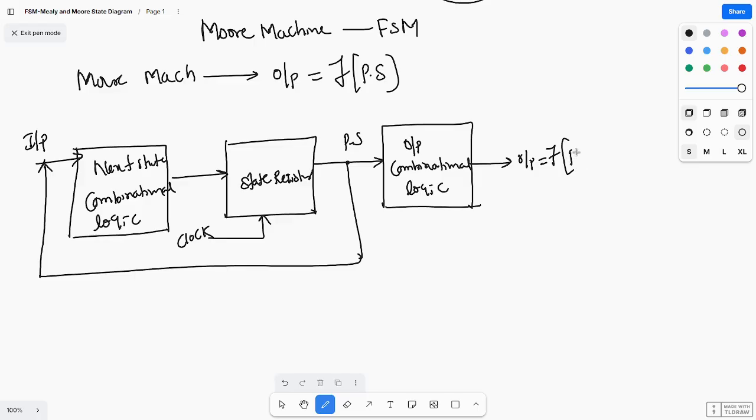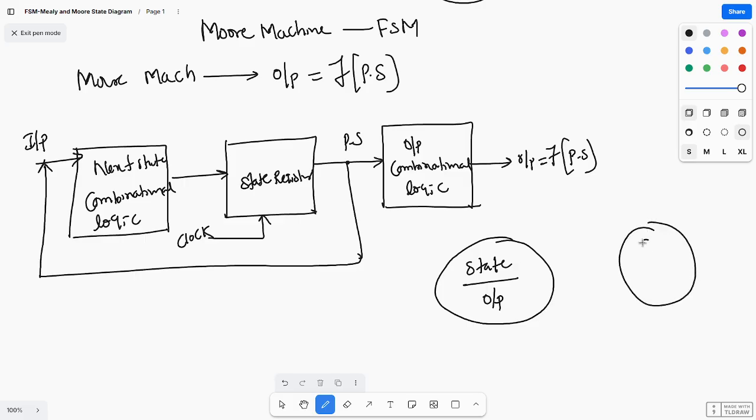From here I can say that the output is a function of only the present state, and as the output is a function of the present state, the output is defined within the state itself.